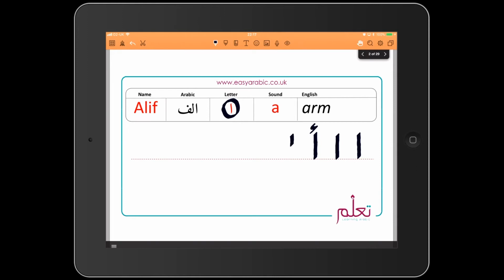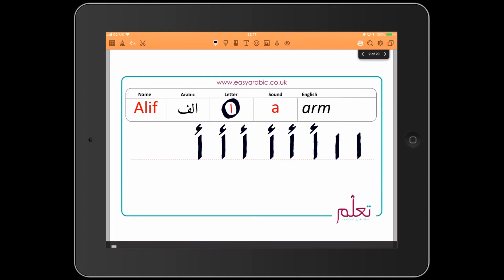All right, let's do it again. From the top, alif, and then the hamza. Try and get into the habit of doing that. Write alif and hamza, and do it again. Don't worry if you don't get it right first time, just keep practicing.